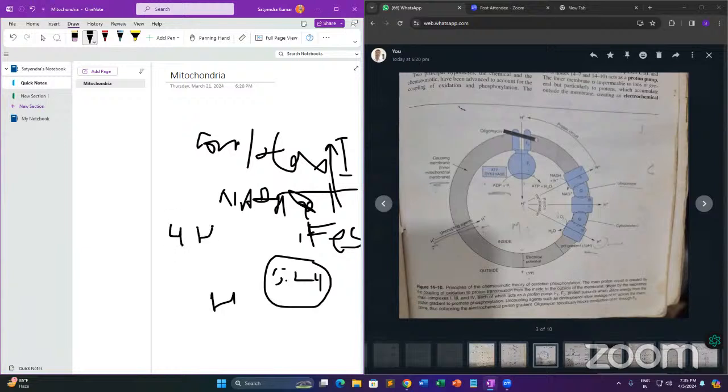The energy of these 4 protons, this proton, this proton, this proton, this proton, there are just 4 protons.